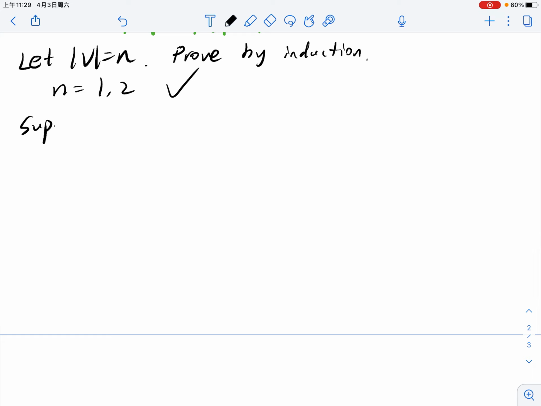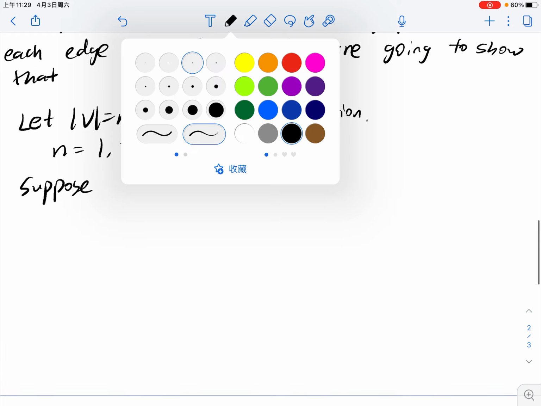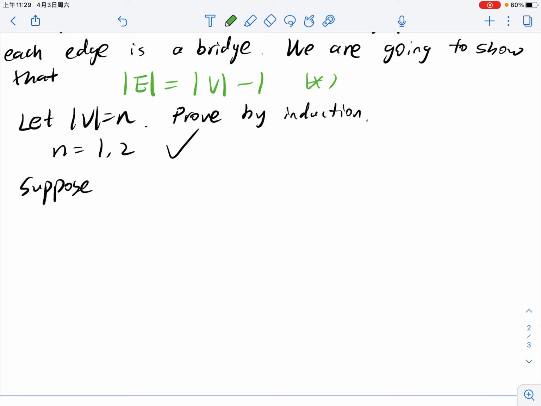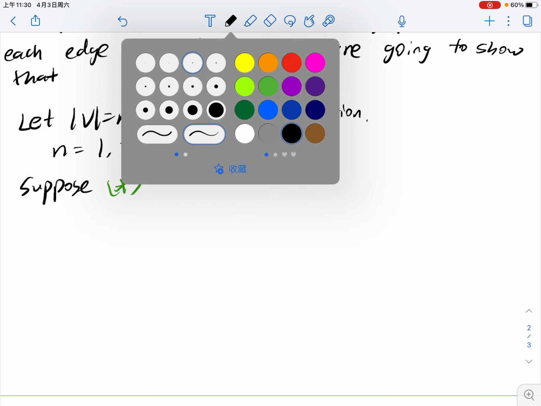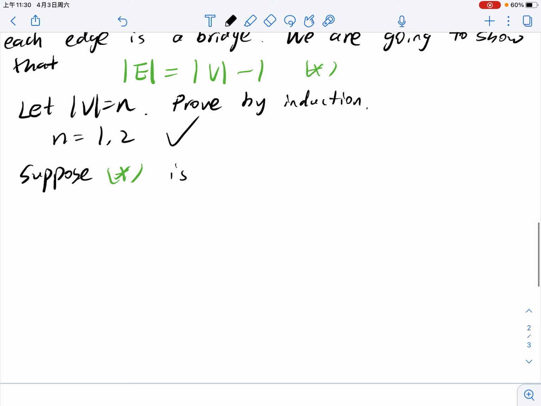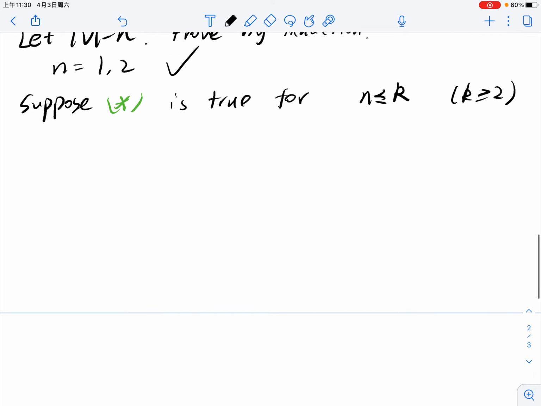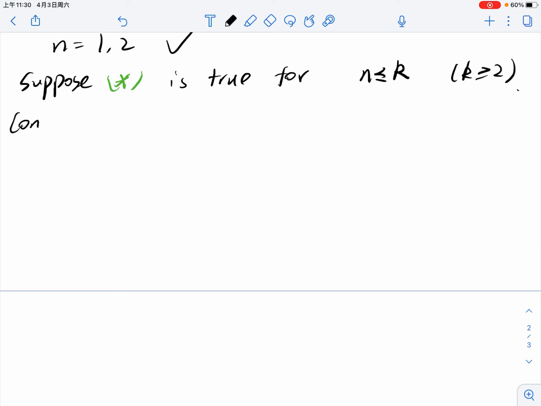Now suppose, let's call this green star, is true for n less than or equal to k, where k is greater than or equal to 2, and then consider the case n equals k plus 1.